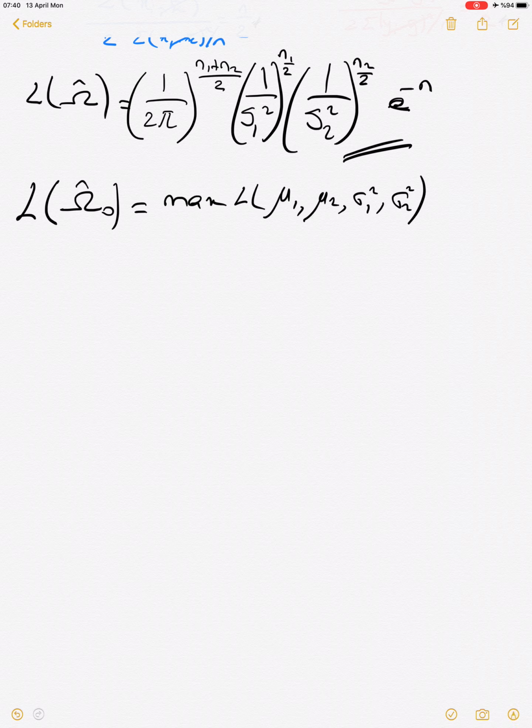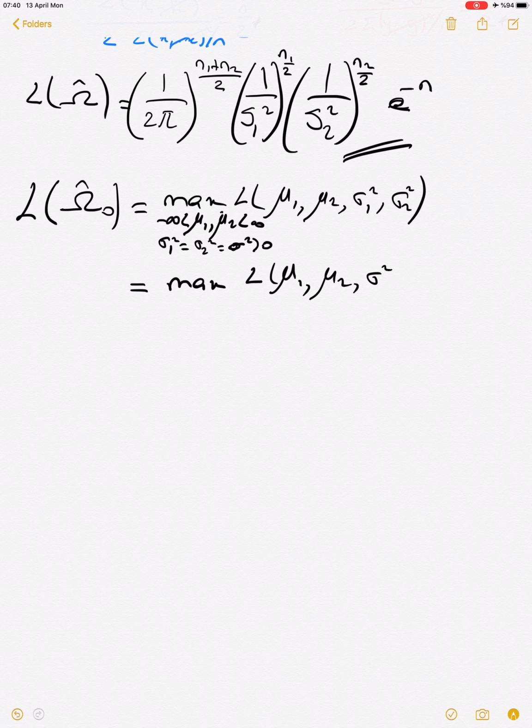So here mu1 and mu2 range from minus infinity to infinity, and we assume that sigma 1 square equals sigma 2 square equals sigma square, which is greater than 0. We need to maximize the likelihood function over mu1, mu2 and sigma square, where mu1 and mu2 are again under the whole space, and also sigma square greater than 0.